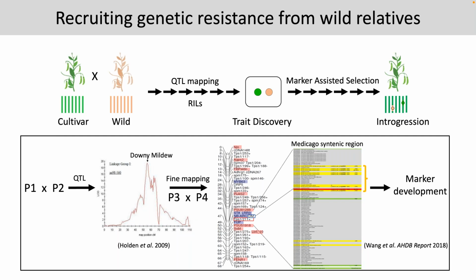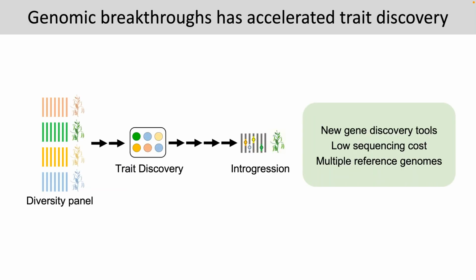And when it was deployed in the field, this resistance was overcome within a few years. So it took more time to discover the gene than for the pathogen to overcome it. Examples like this press the need for a robust program of finding new genes and deploying them in stacks, either through transgenics or the breeding programs.